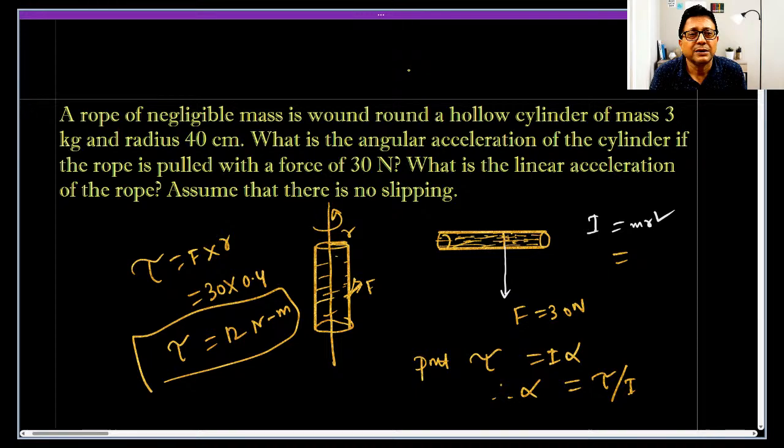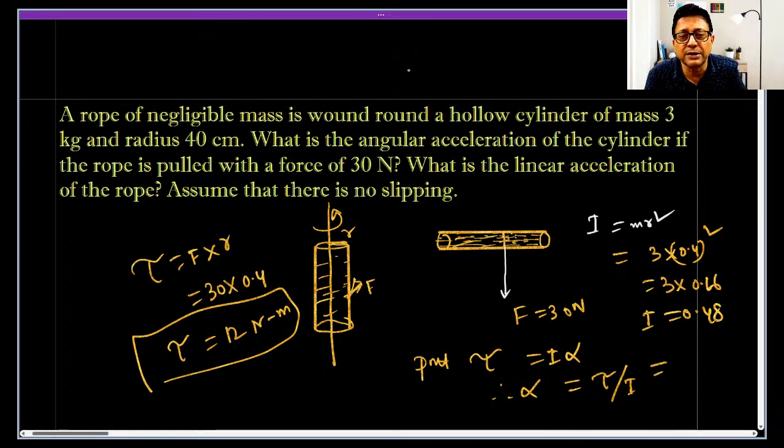I you write, mass is 3 into 0.4 square. 3 into 0.16. I is 0.48 and tau is F into R. F into R is what? F is 30 Newton, and tau will be equal to this tangential force you have applied into radius.